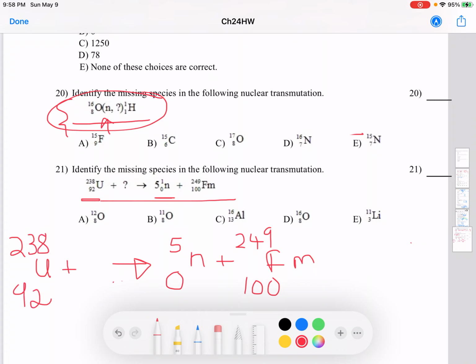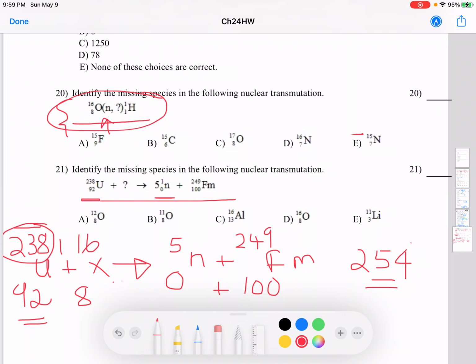So what you have here is X. This is 92, so the total on this side is 100. So then the X is going to be 8, right? And from the top, 249 plus 5. How much is that? 254. So now this is 238, and to make it 254, you take the difference between 254 and 238, and that is going to be 16.